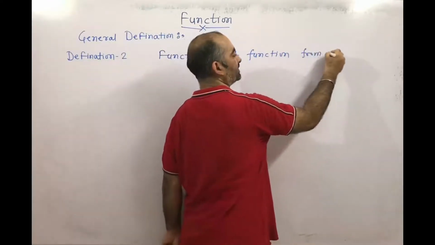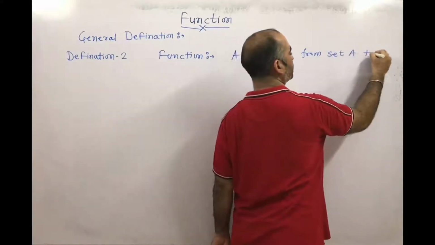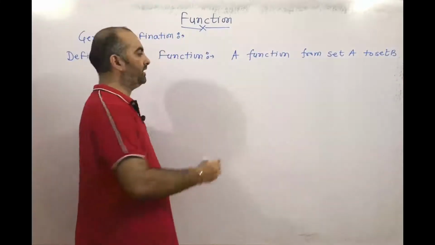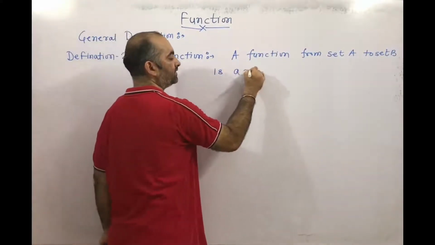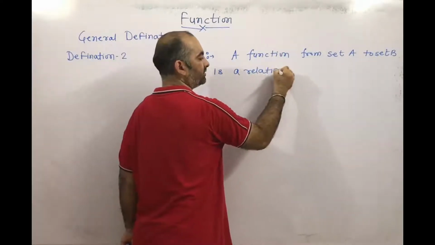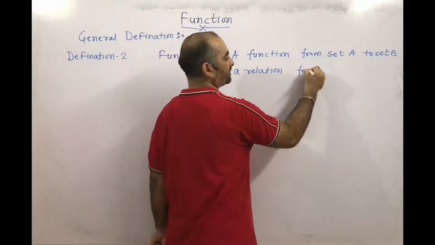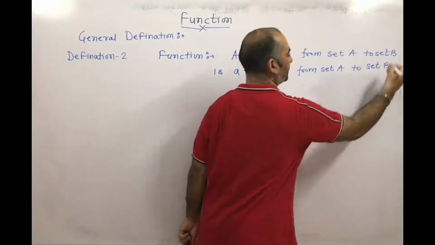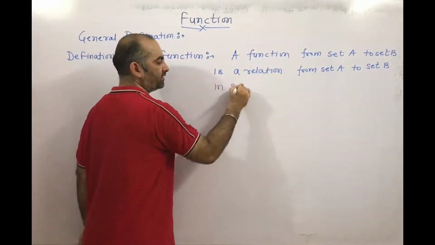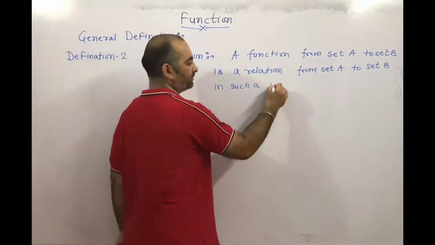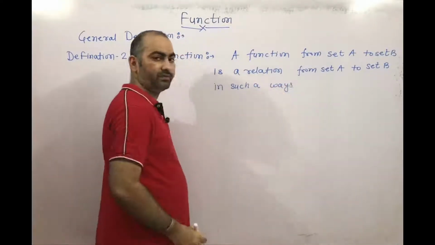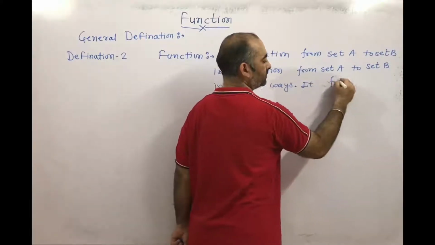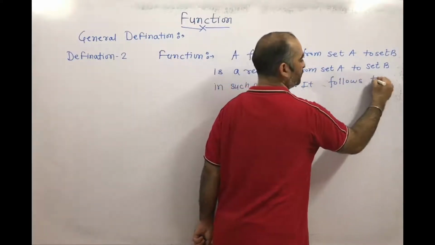A function from set A to set B is a relation from set A to set B in such a way that it follows two points.